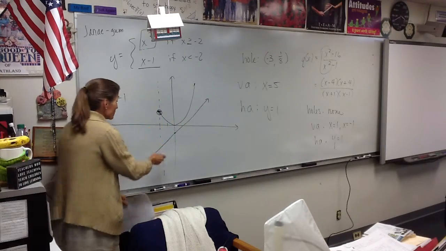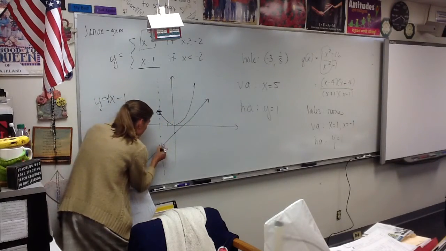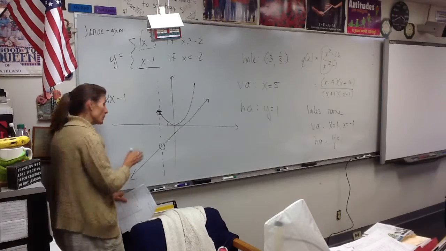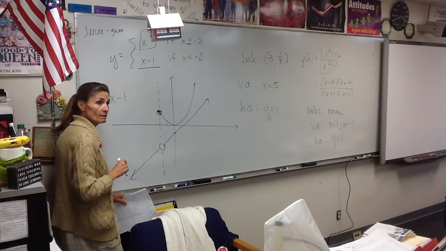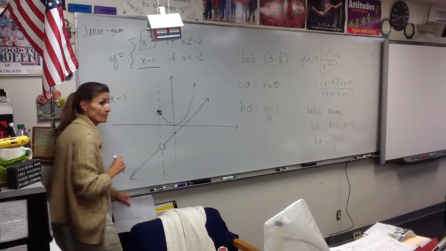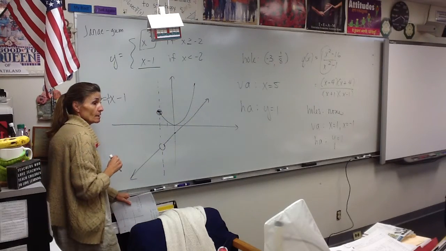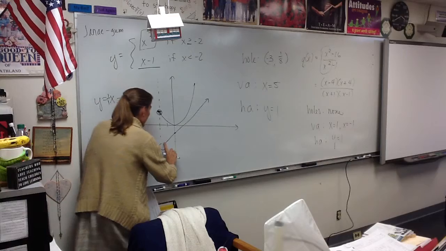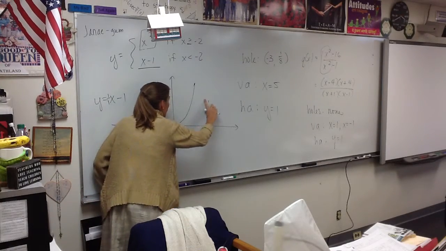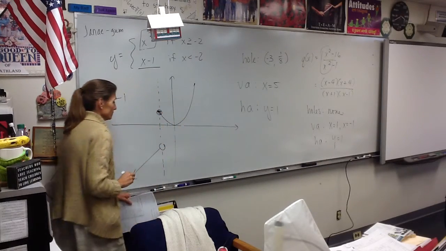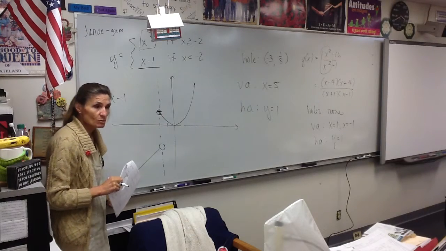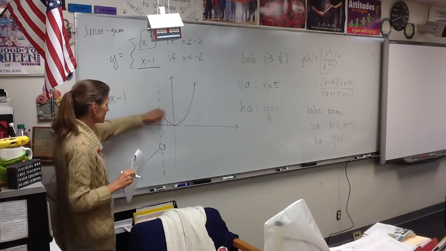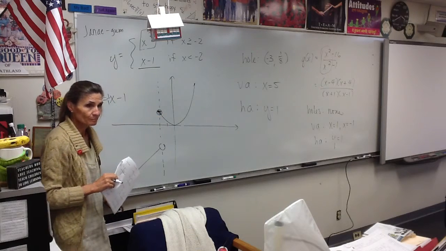And that line crosses my dashed line right here, right? So I put a dot there. This dot is going to be open. And I am going to erase the right side of the picture. And there is the piecewise function. The two pieces are graphed.